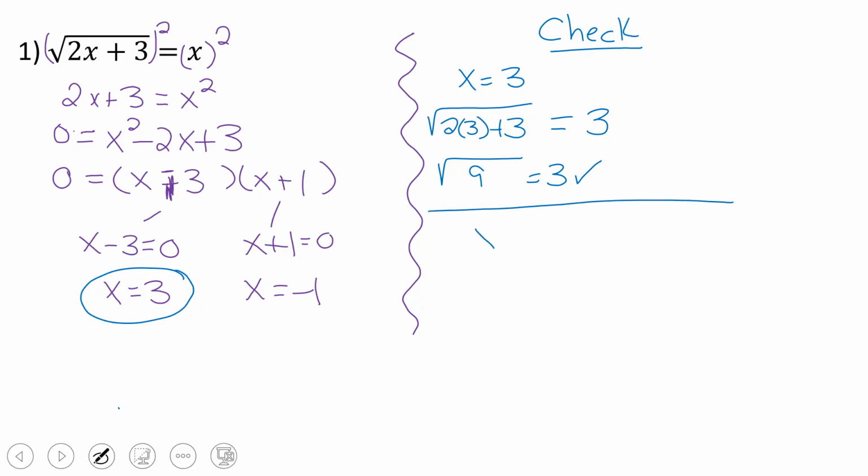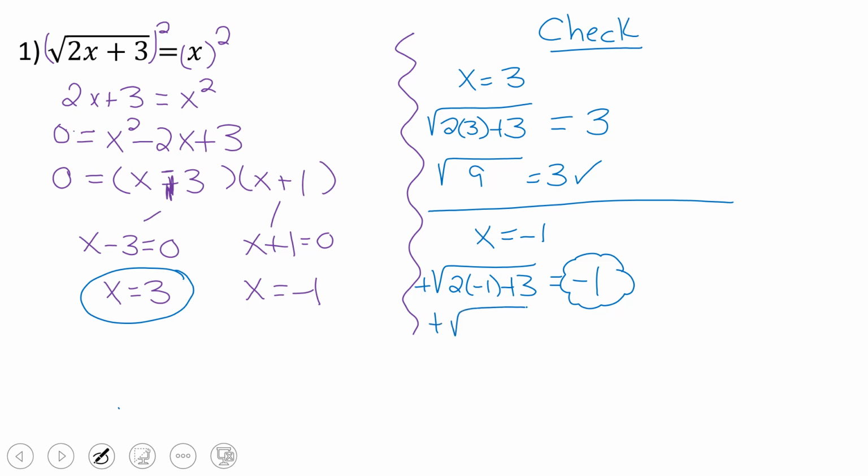Now, what if I check x equals negative 1? Plug it in. And I can already tell I'm going to have an issue because a square root cannot produce a negative answer, right? I am not square rooting both sides on this one. I am evaluating the square root on the left-hand side. And when there's no symbol in front of a square root that's already printed, it is presumed that you want the positive solution.